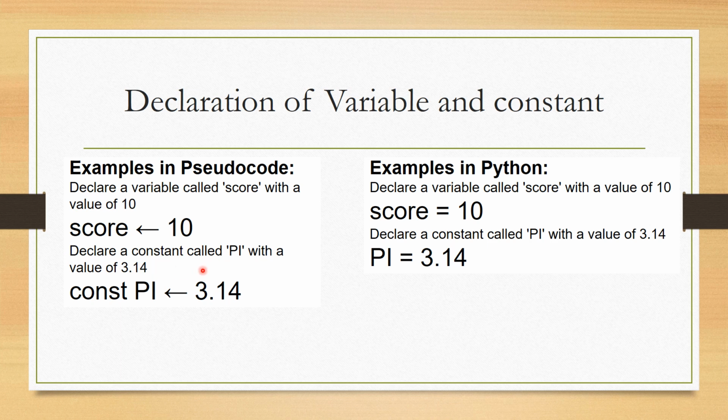And how can we declare a constant in pseudocode? We will use the const word. Pi is the constant name, and then arrow, and then the value of that constant. In Python, we use score equals 10 to declare a variable, and pi equals 3.14, whatever the value is, to declare a constant. Usually, Python cannot differentiate between variable and constant. You have to maintain it by yourself.